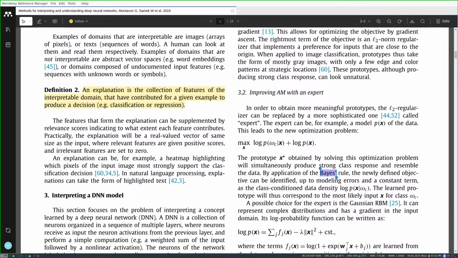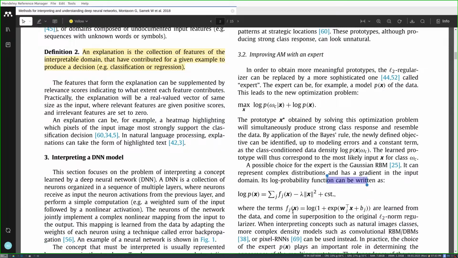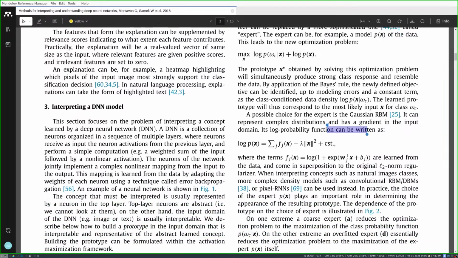A possible choice for the expert is the Gaussian RBM. It can represent a complex distribution and has a gradient in the input domain. Its log probability function can be written as this, where the terms are learned from the data and come in superposition to the original L2 norm regularizer.